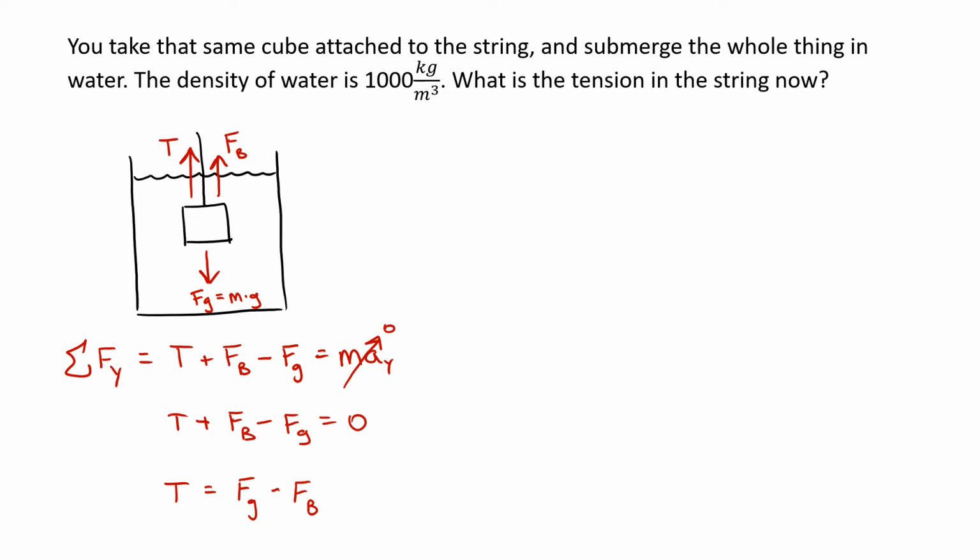Well, what is the weight of the object? What is F sub g that I have right there? I should have written that one down too. That's the weight of the object in air, it was 98. Nope, sorry.